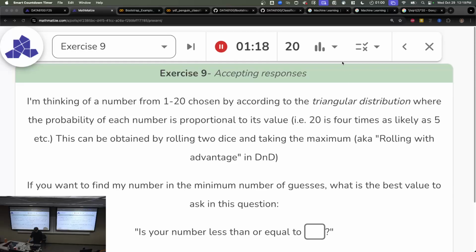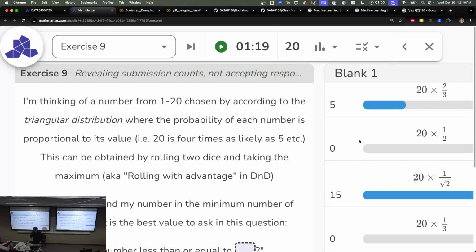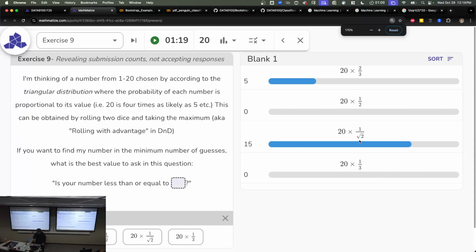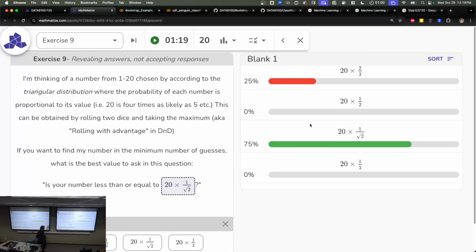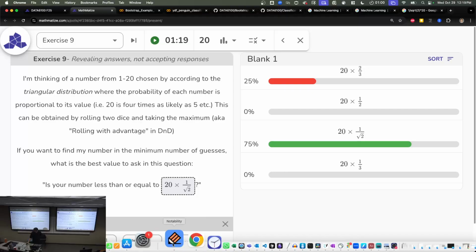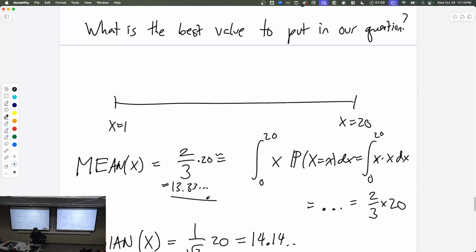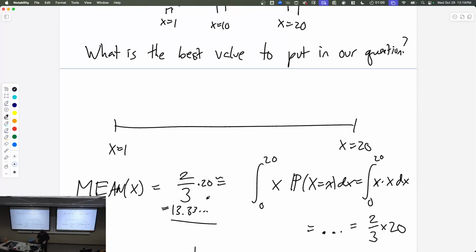Okay, let's take a look. Did people go with the mean or the median? This time people have moved. I think this one had a very, very slight majority before, and it has a pretty substantial majority. We've seen many cases where the majority is wrong, but in this case, the majority is right. It is the median. And the nice thing about the median is it splits the whole space into 50-50.